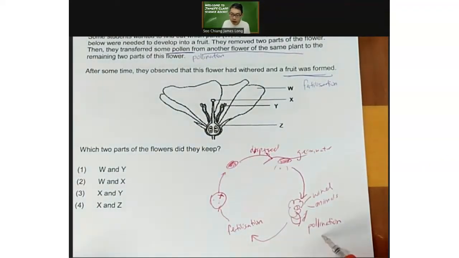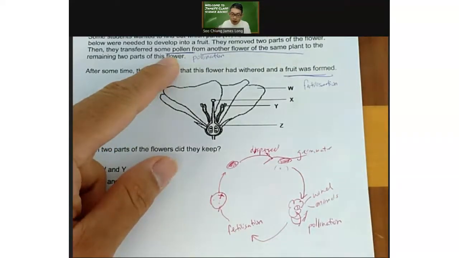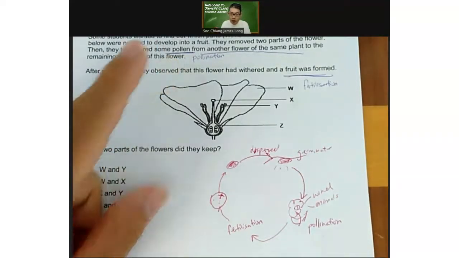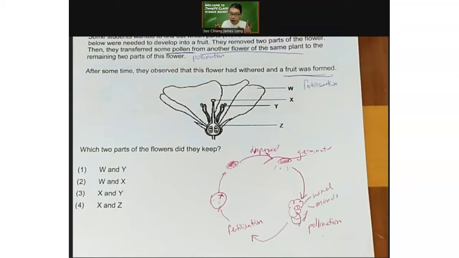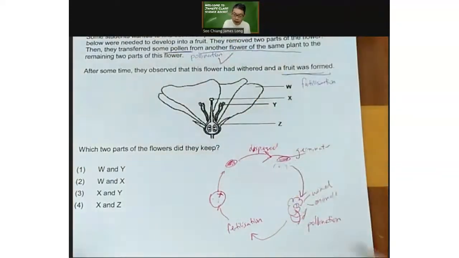And pollination is a movement of pollen from the anther of one flower to the stigma of another flower of the same species. And that flower can be on the same plant, can be on a different plant, but same species. So in other words, for this to happen, pollination must work and fertilization must have happened. That's why you have fruit forming.